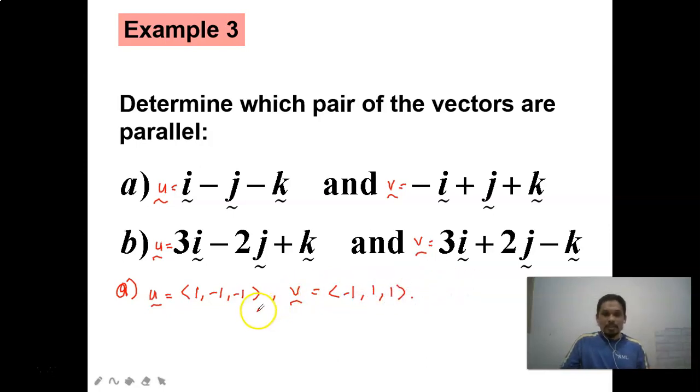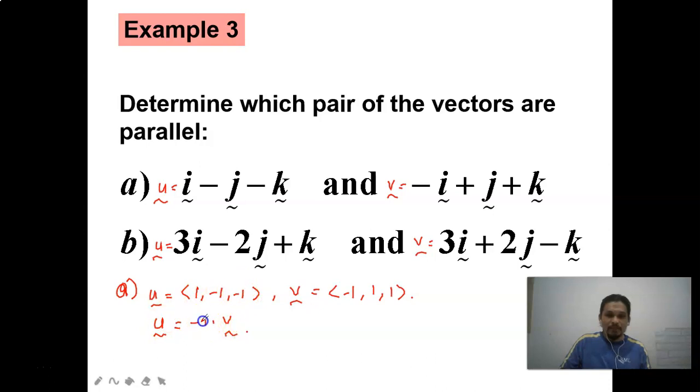So you can see here now, 1 with negative 1, negative 1 with 1, meaning that vector U equals negative 1 multiplied by vector V. Again, vector U is (1, negative 1, negative 1).